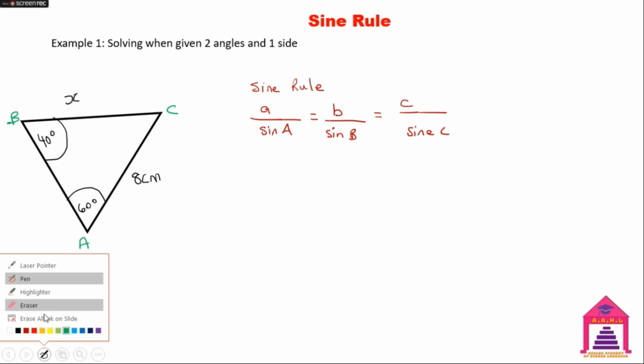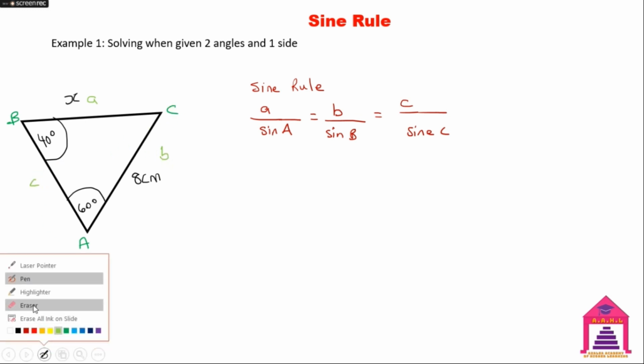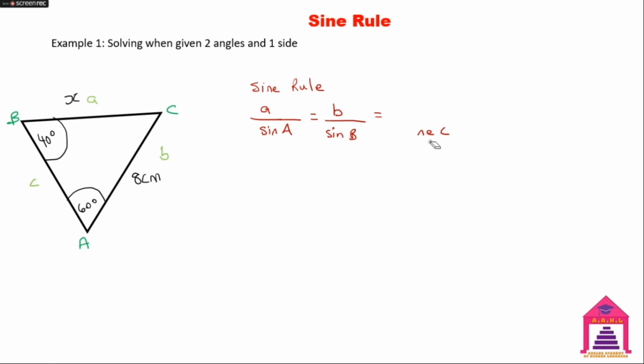The reason why I label it this way is because when this angle is A, this side is a. When this angle is B, this side is b. And of course, this side could be c. I don't really want to work with 3 figures like this because we were only given 2. So let me work with those 2.